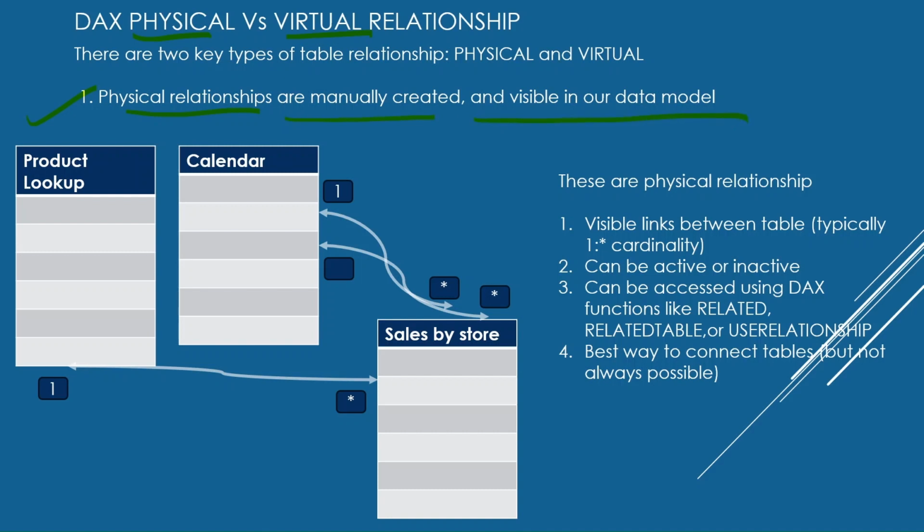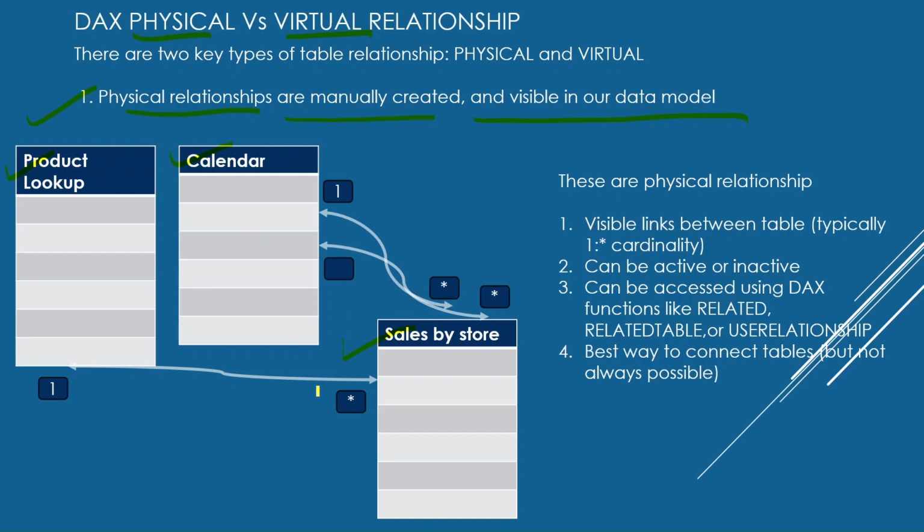Most of the time when we create a report, we first create a data model. In the data model, multiple tables are present and we create physical relationships between different tables. Suppose these are the physical tables: product lookup, calendar lookup, and sales by store lookup.